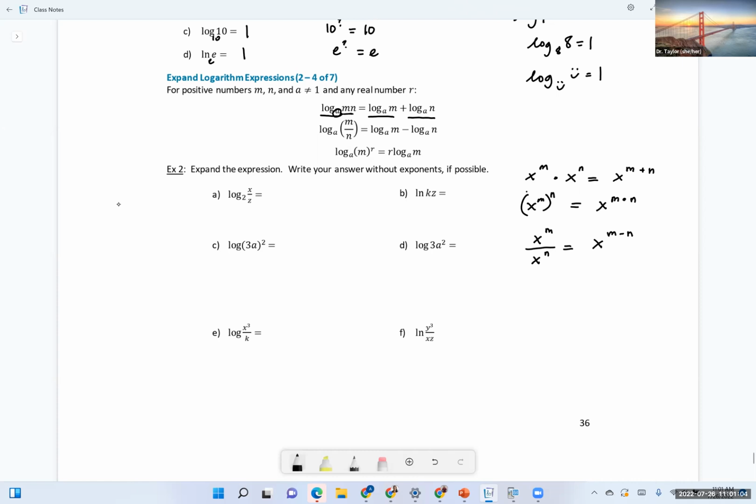When logs of the same base are divided, you can separate them by subtracting them. And this last one, if you have a log raised to a power, this one's kind of cool. You take that power and it becomes your coefficient, so you can multiply by it.